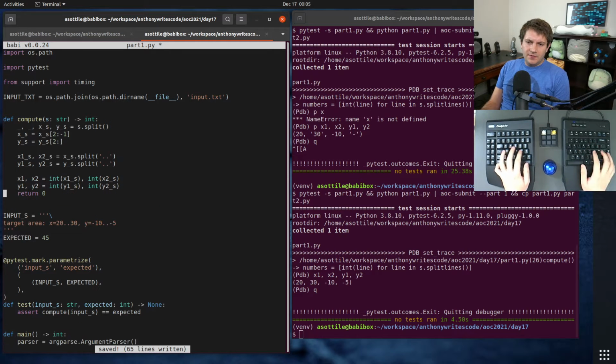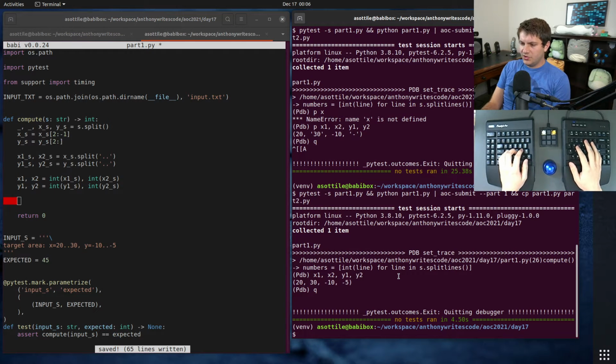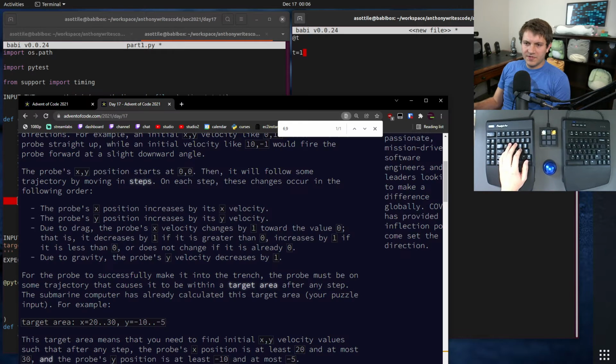So we don't need any of this. We know we start at 0, 0, and we kind of want to simulate the velocities. So at t equals 1, we are at... We update the velocity first?